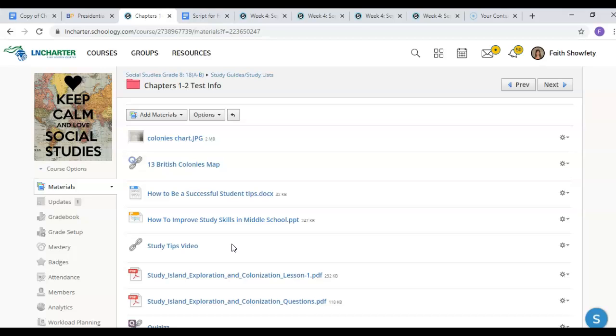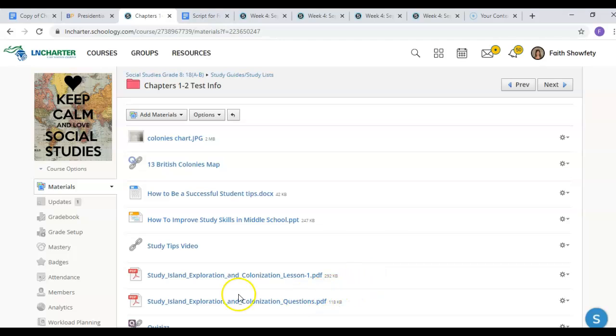If you don't know how to study yet and you don't know what to do when you're tasked with studying, these three things are going to be really helpful. This is your last year of middle school. When you go to high school, the expectation will be that you know how to study successfully for an upcoming test. So that's really important.